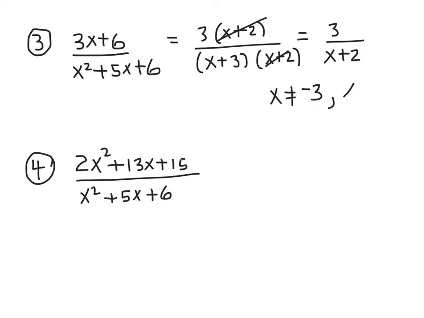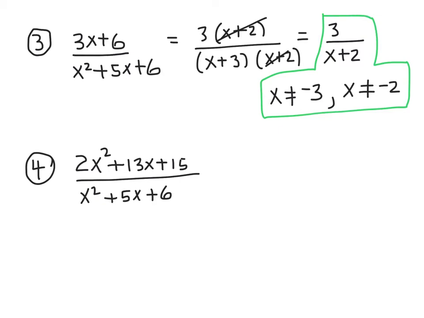And the other one is x cannot be negative 2, because if I plug negative 2 right here, then I'll be dividing by 0. So that's my answer right there, including the restriction. So I go to the next one.